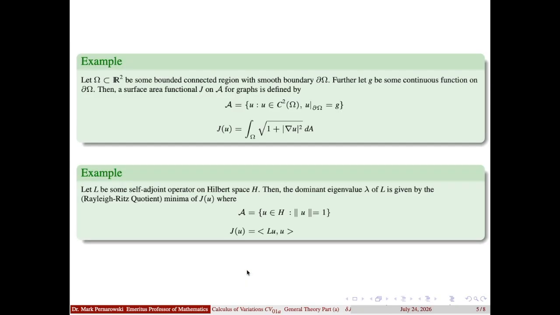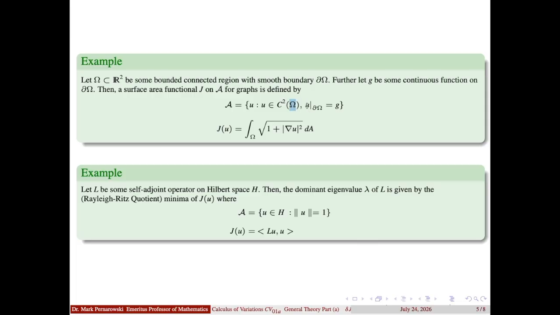So here's one we saw in the previous introduction too. U's that are twice continuously differentiable on a subset omega of R2. So imagine omega here could be a circle, the interior and boundary of a circle. So this U is a relatively smooth graph above the circle.